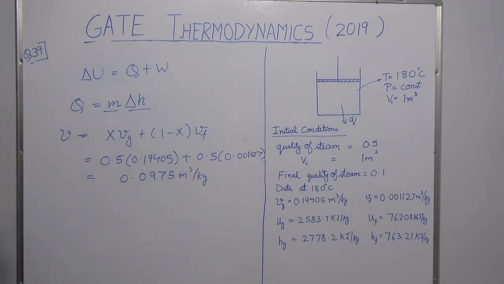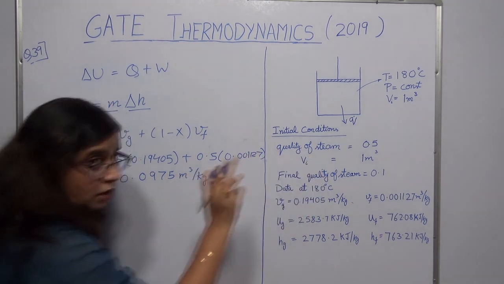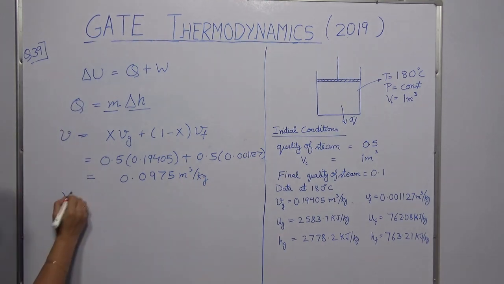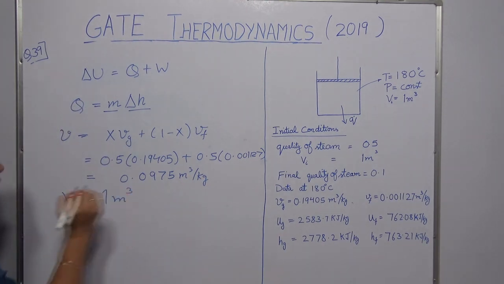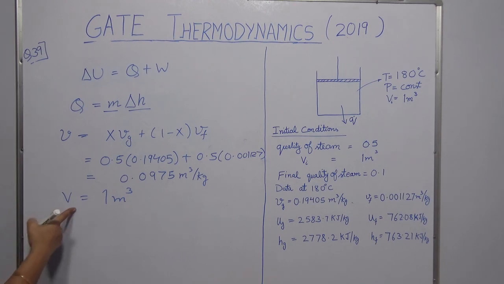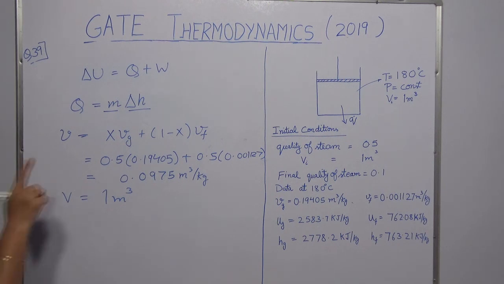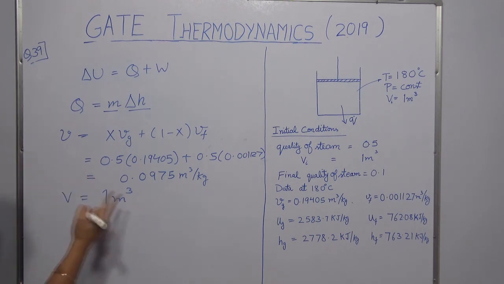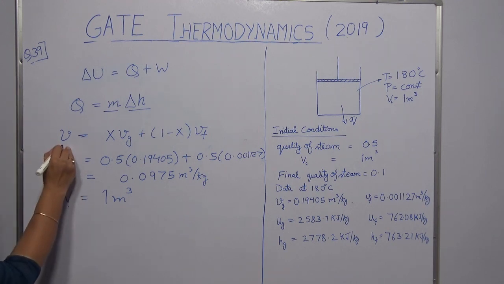But to start with, what do you have? Your total volume is 1 meter cube. Okay. So then from that, because this is your total volume, in order to calculate the mass, I have to divide my total volume by this specific volume.